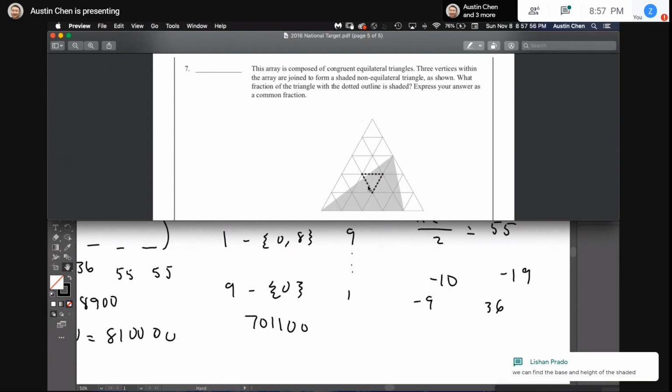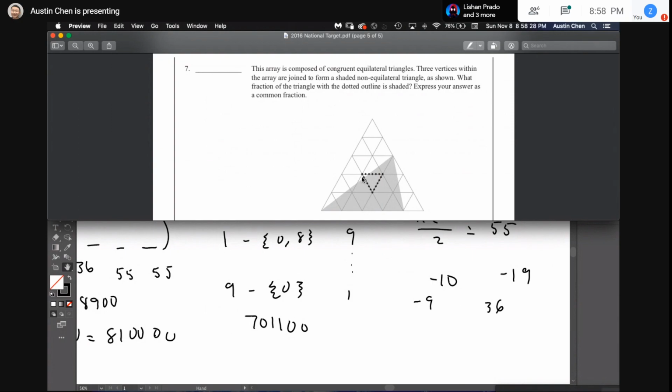So first looking at this, you can find the base and height of the shaded triangle, but that doesn't really help that much. You want to find how the shaded triangle cuts off this triangle, which is kind of weird.